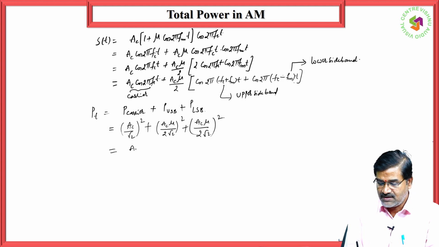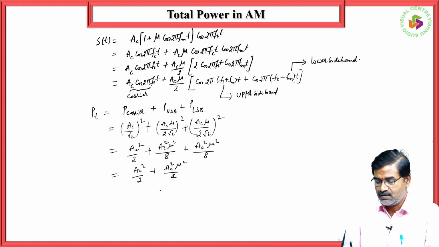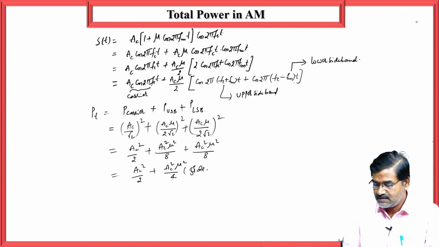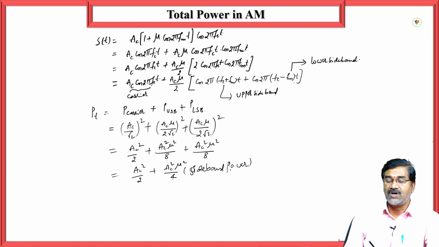If I simplify this, Ac square by 2 plus Ac square mu square by 8 plus Ac square mu square by 8. So this is nothing but Ac square by 2 plus Ac square mu square by 4. So this particular thing is the sideband power. That is, the sideband power is Ac square mu square by 4.